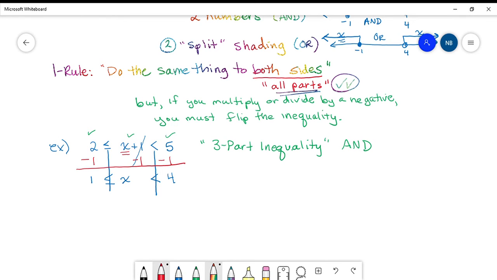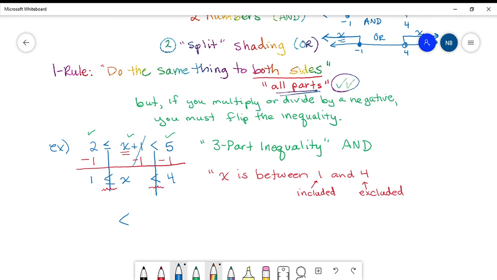So we could say x is between 1 and 4. Now notice that the 1 has an or equal to with it, so the 1 is included, but the 4 does not have an or equal to with it, so the 4 is excluded.